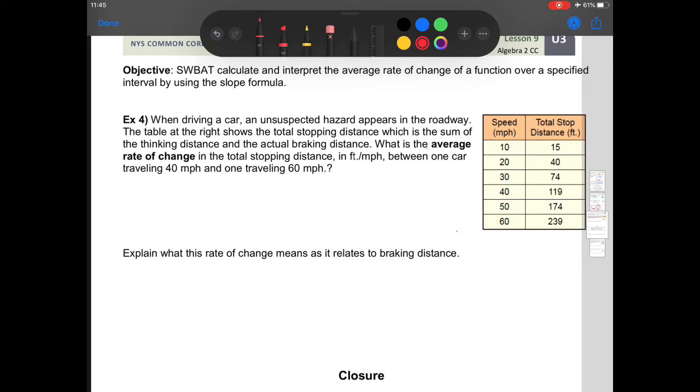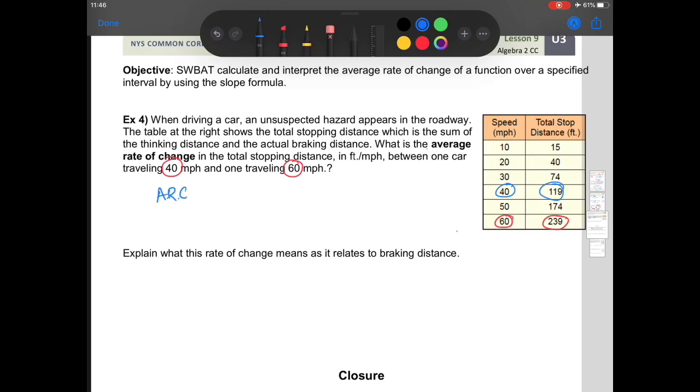So what is the average rate of change in the total stopping distance in feet per mph between one car traveling 40 mph, which is miles per hour, and one traveling 60 mph, right? So what are we going to do? We're finding the average rate of change between 60 and 40. Those are our two x values. So corresponding, we're already given the table. So this is what, 40 and 119.